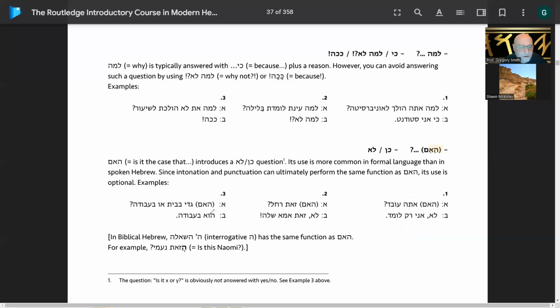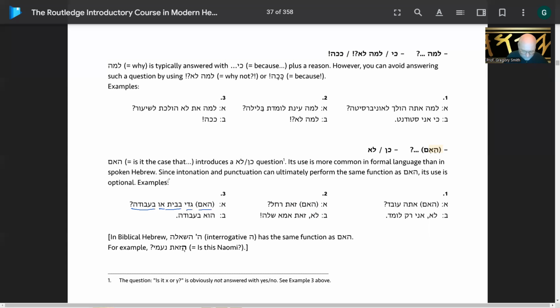Okay, then aleph, we have ha'im. Is it the case that Gadi is in the house or ba'avoda? That might be at work. Yeah, at work. That's right.